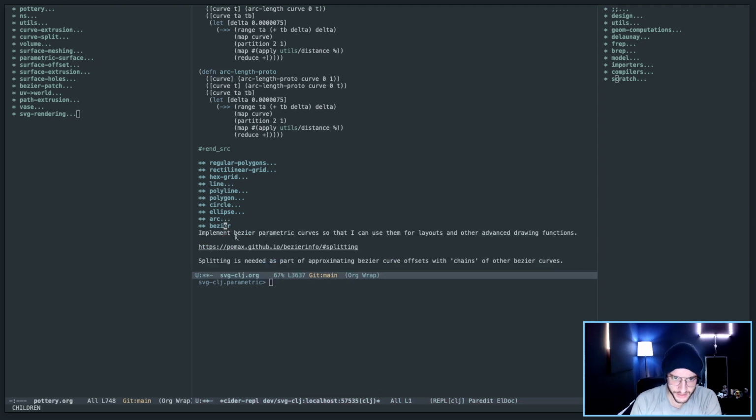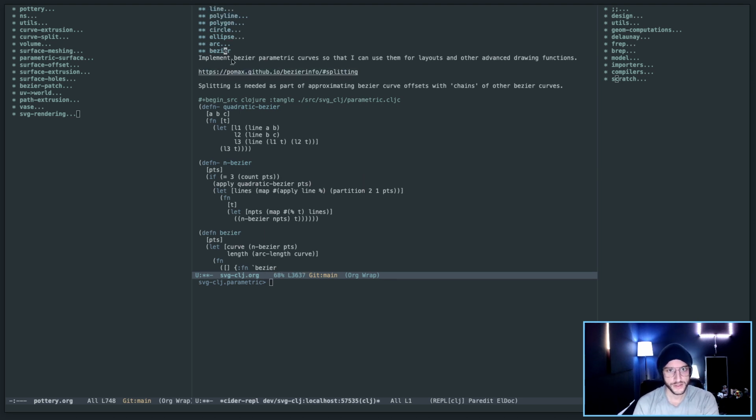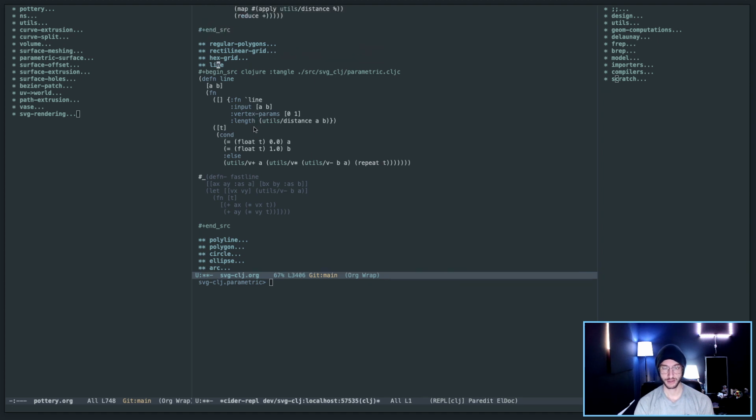The other thing is the Bezier implementation itself here. It uses a bunch of lines in a recursive approach.